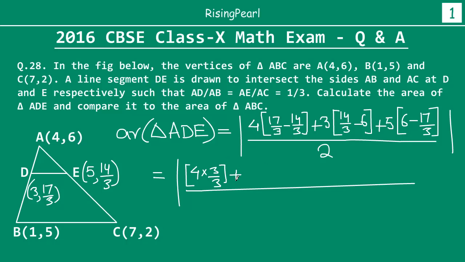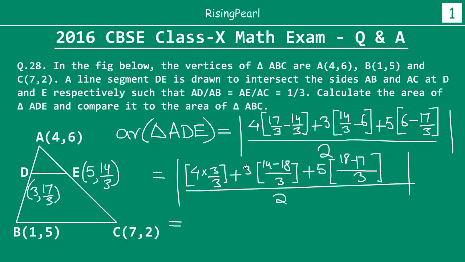Then plus the second term: 3 times 14 minus 18 over 3, because 3 sixes are 18. Plus 5 times 18 minus 17 over 3. This entire thing by 2.